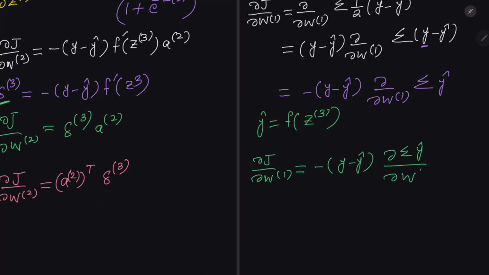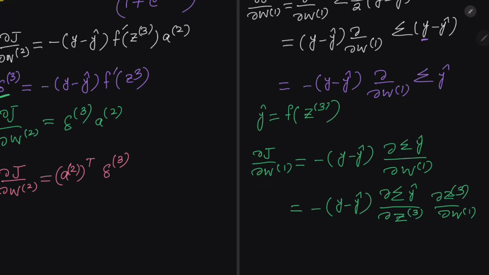by partial W1, that is minus y hat, partial y hat by partial z3, since W1 can be reached when first you need to take a derivative with respect to z3, so it means we apply the chain rule, partial W1. Y hat is a function of z3 and z3 is a function of W1.